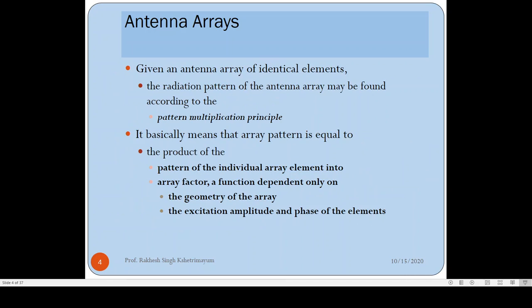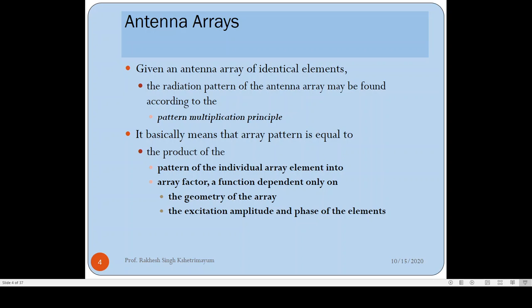Basically here there is a very fundamental principle called the pattern multiplication principle. What does this principle say? It says that if you know the pattern of an array element, and you are making an antenna array of identical array elements, then to find the radiation pattern of the overall antenna array, all you need to do is find the pattern of an individual array element and multiply by a factor called the array factor.